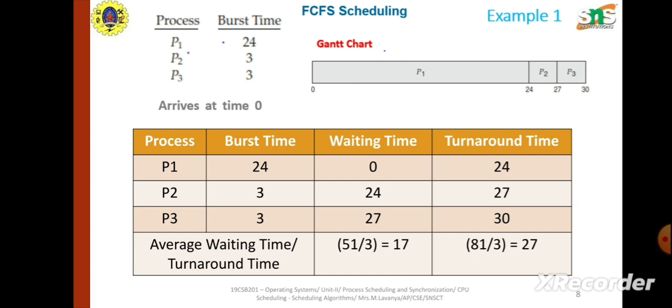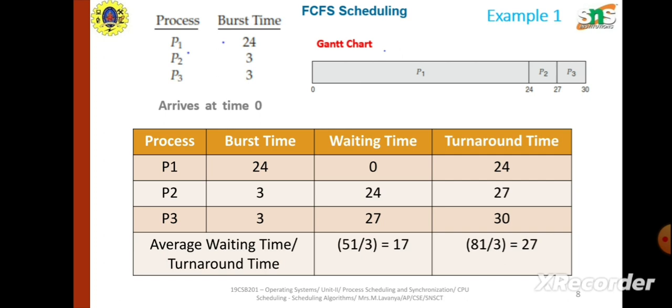Then process P3 arrives. P3 is allocated to the CPU, its starting time is 27 and its burst time is 3. So 27 plus 3 equals 30. 30 is the completion time of process P3. Using this Gantt chart, we are going to find the waiting time and turnaround time of the processes for this example.